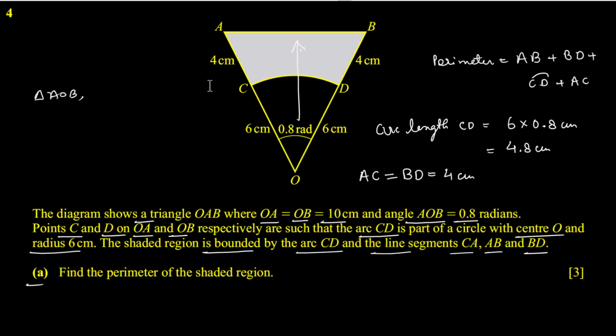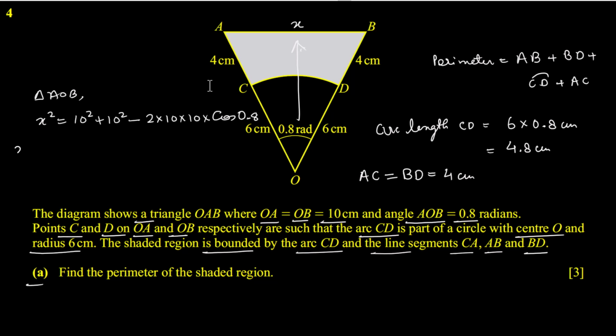So if I take AB as x, from the cosine rule, x squared is going to be 10 squared plus 10 squared minus 2 times 10 times 10 times cos of 0.8.